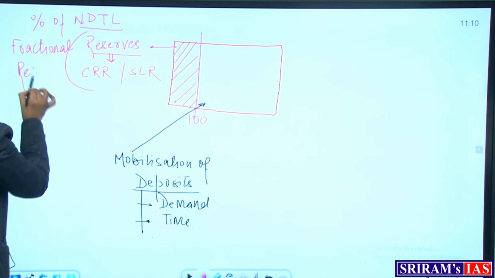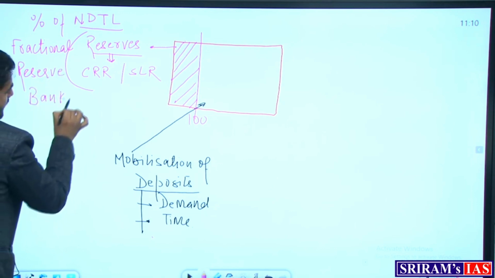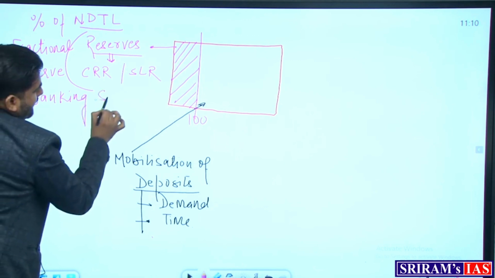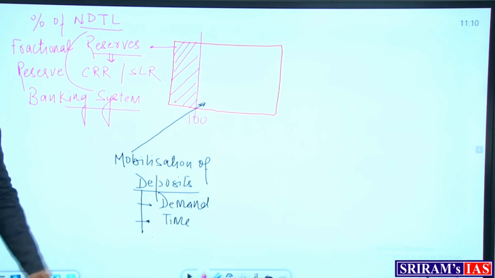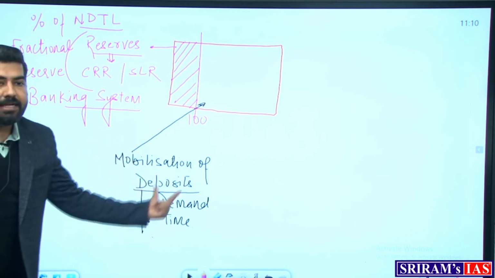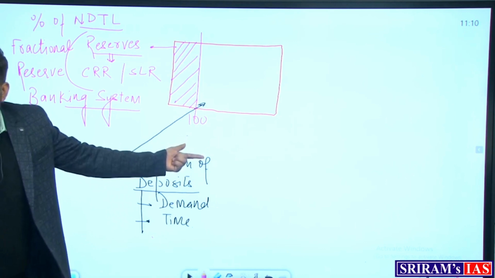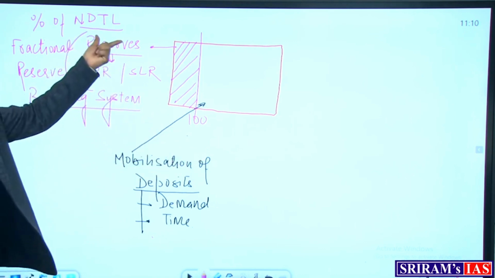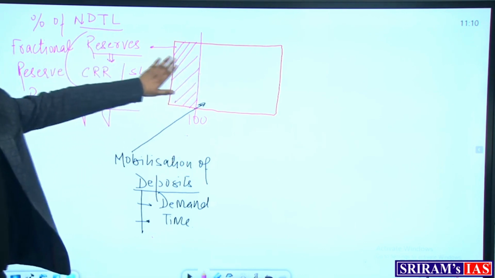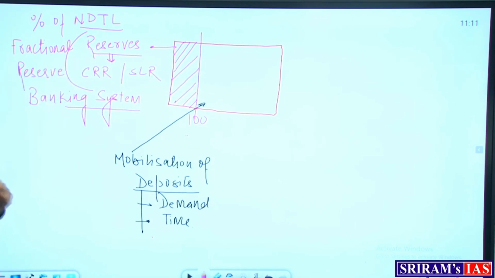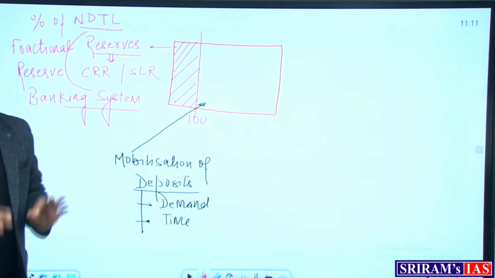Under this, a certain percentage of deposits, which is the layman's understanding, while in reality the technical word is NDTL, net demand and time liabilities, is set aside in the form of reserves.